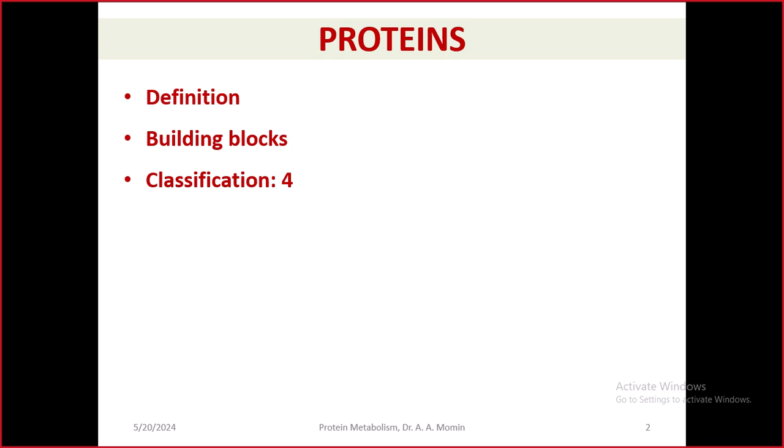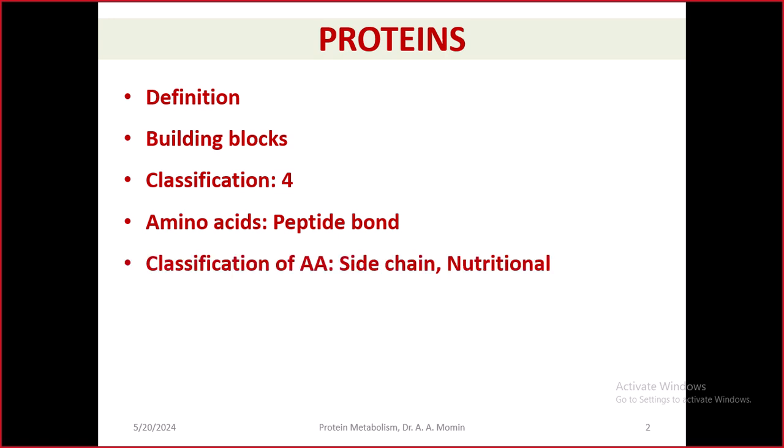Classification is based on 4 different types, depending on their nutritional requirement and on the amino acid content: how many essentials are present, how many essentials are absent. Like this, there are 4 types of classification. Amino acids, as you know, are the monomeric form, joined by peptide bonds.